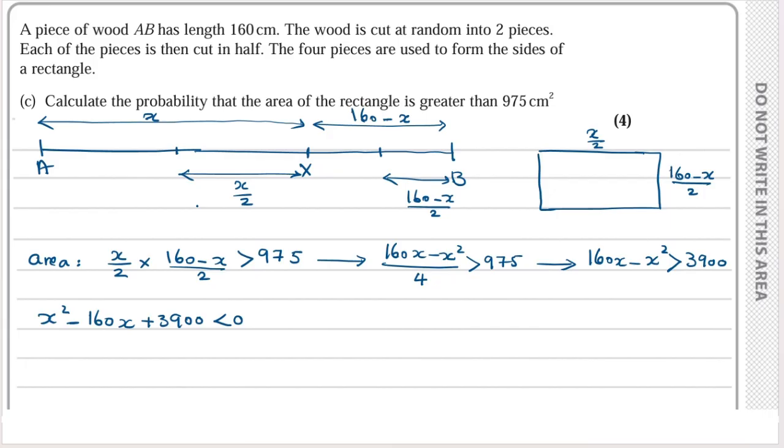So this is a quadratic inequality for us to solve. We first find the critical values. The critical values are going to be x equal 30 and x equal 130.